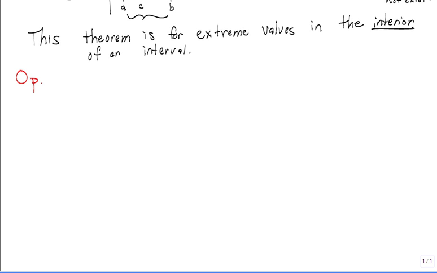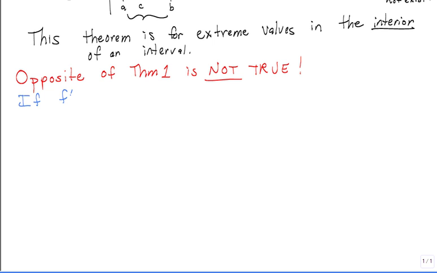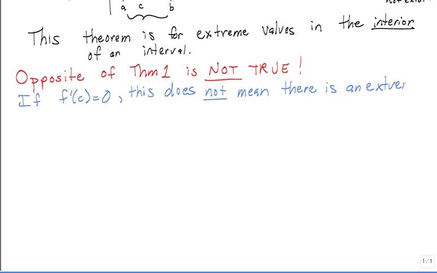The opposite of this is not true. If f prime of C equals 0, this does not mean there is an extreme value.